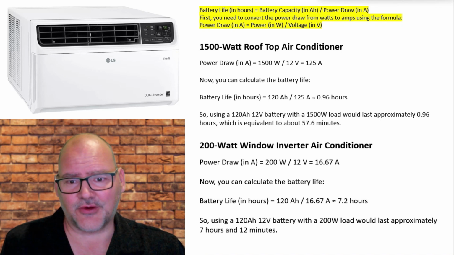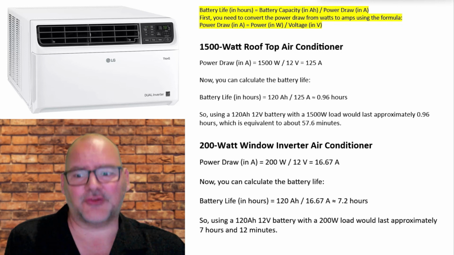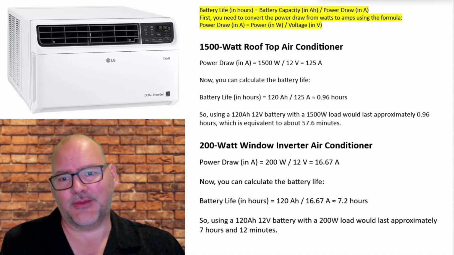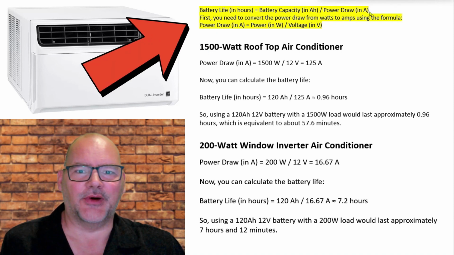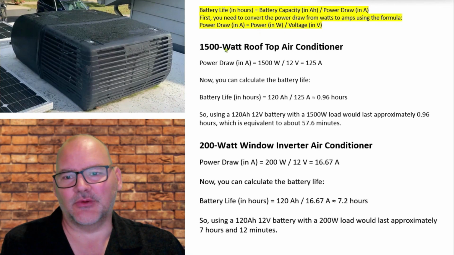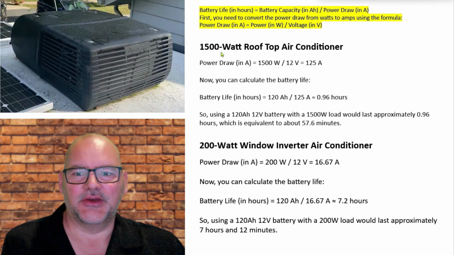It's an inverter air conditioner because they run at an extremely low wattage. So let me show you the data behind this real quick. If you have a rooftop air conditioner, here's the formula for figuring out how much time you can run an object, based on its wattage.